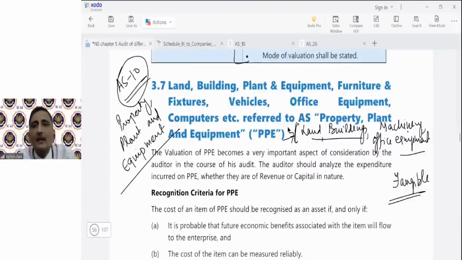The ratio of theory is about 60 to 70%, and the rest is simple application based questions which test the knowledge of students at intermediate level. However, at final level, the auditing paper is totally application based, totally practical based.